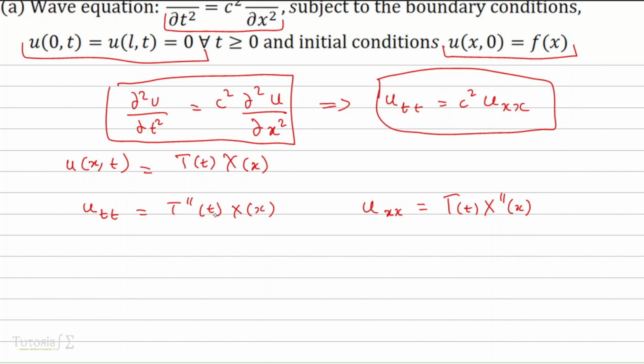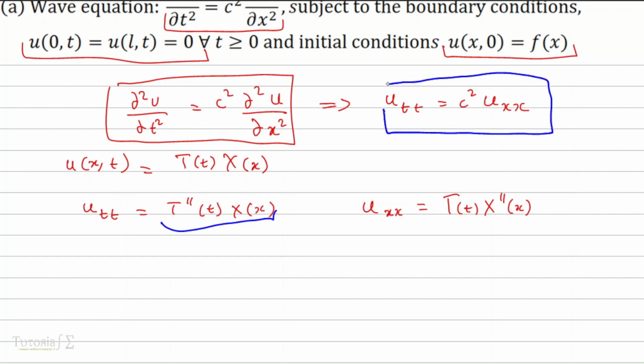We're replacing in this equation these two variables.